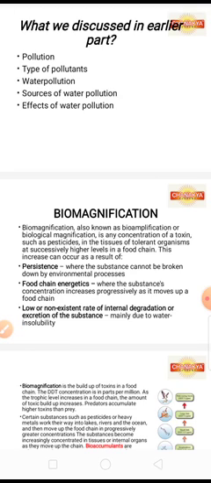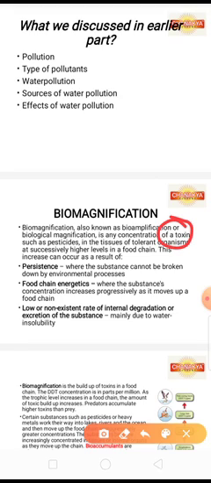Biomagnification, also known as bioamplification or biological magnification, is any concentration of a toxic. Which toxic are we talking about? We are talking about pesticide. This we discussed as a source when we were discussing agricultural pollution: the DDT, the NPK, the pesticides which the farmers are utilizing.